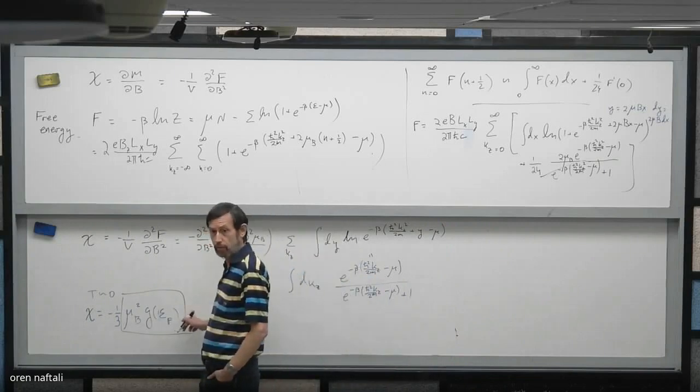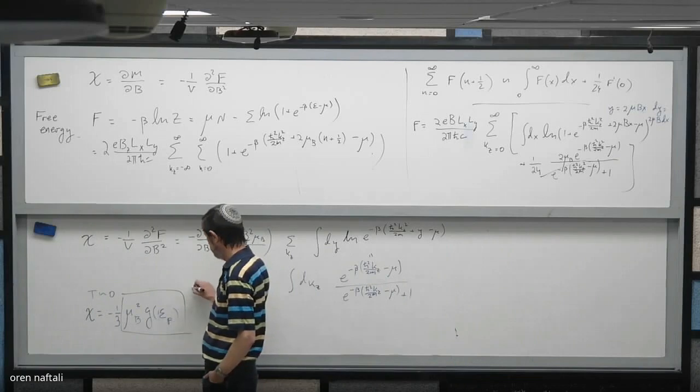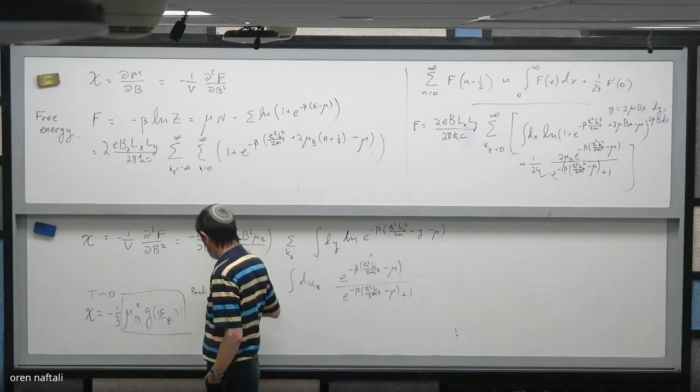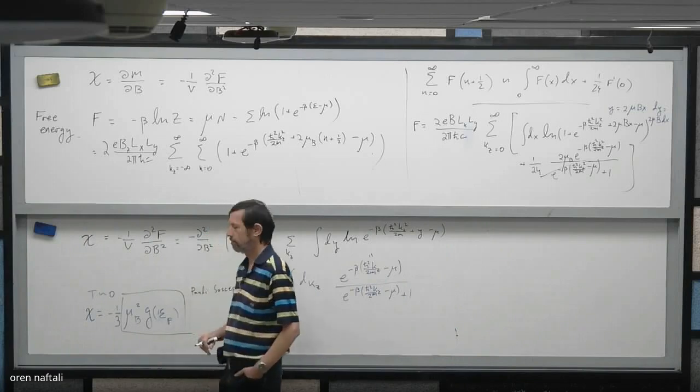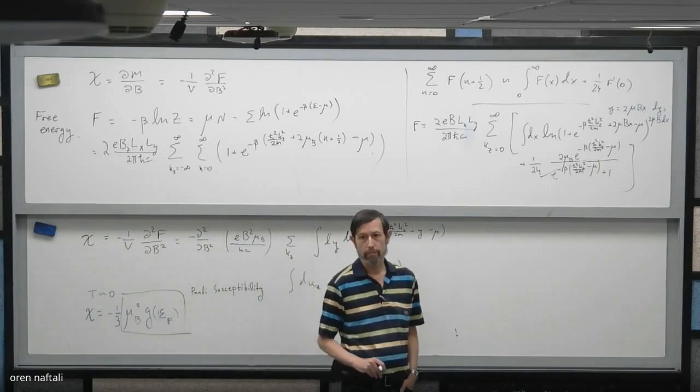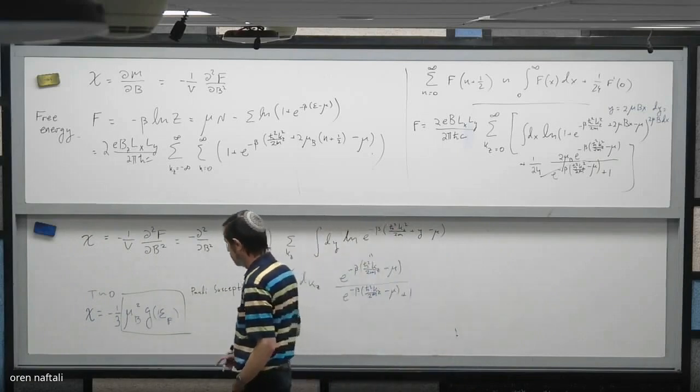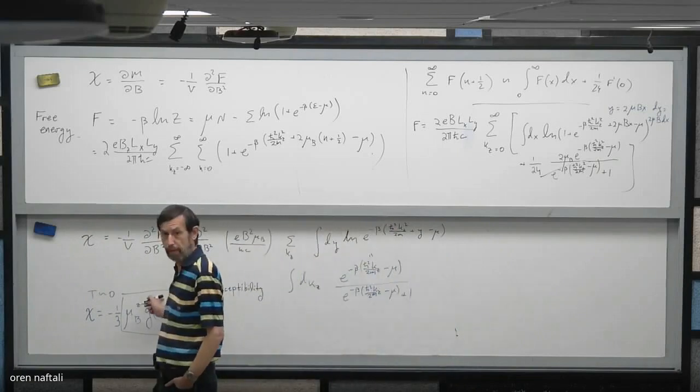This is a Pauli susceptibility, which was paramagnetic.